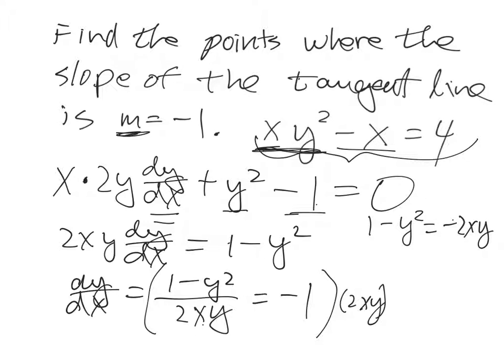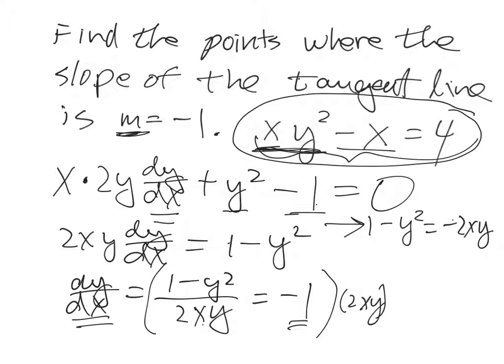If a problem like this occurs, you'll end up with a lot easier equation than what we have here. But essentially, you've got this one equation that comes from our derivative set equal to the particular value, and then the point also needs to be on this graph.